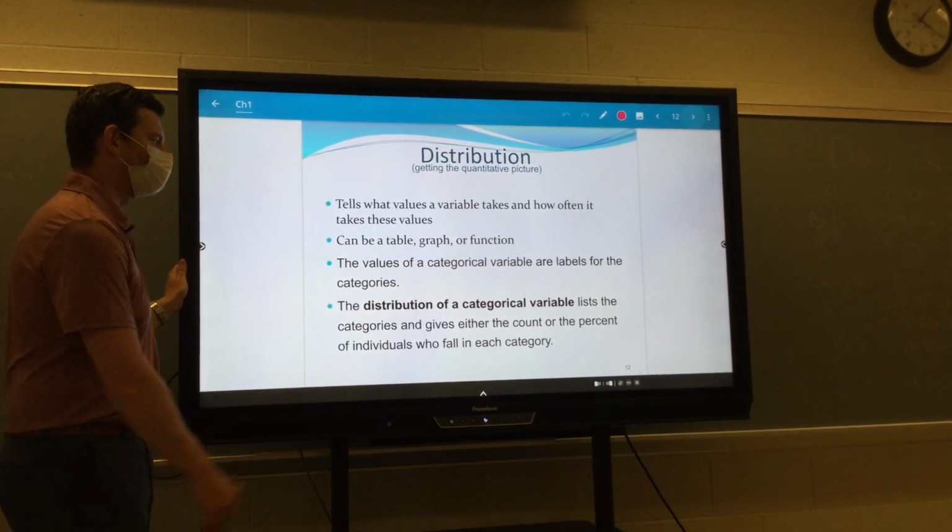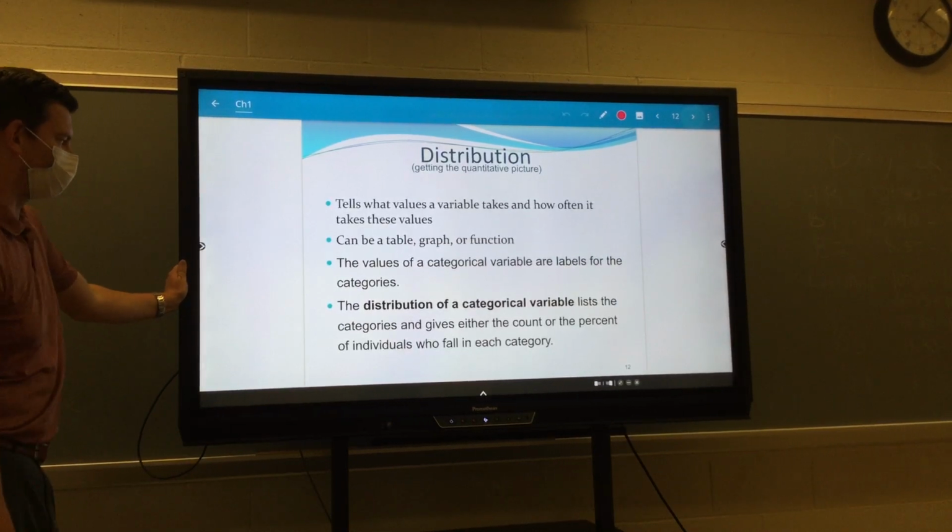And the values of a categorical variable are labels for those categories.